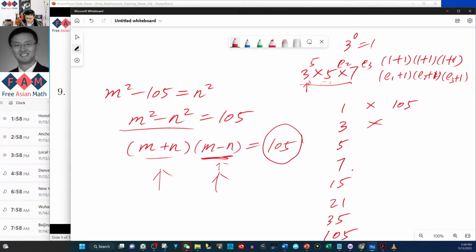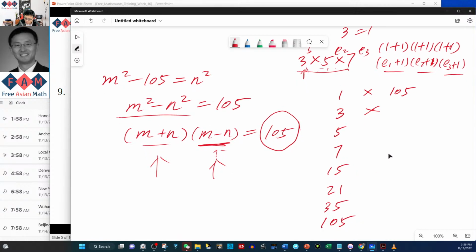So each of the prime factors will have this many possibilities. When you combine all of them together, that gives you the total number of factors. In this case, it's 1 plus 1 times 1 plus 1 times 1 plus 1, so we know with confidence that there are 8 factors of 105.